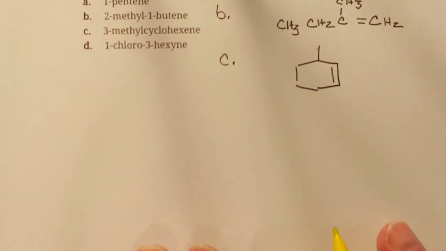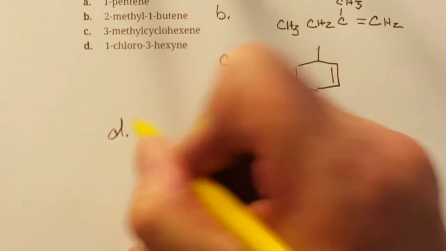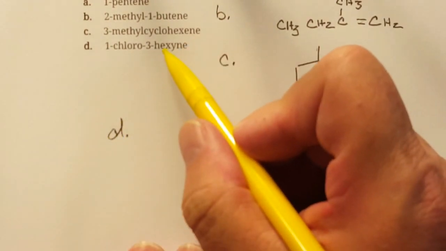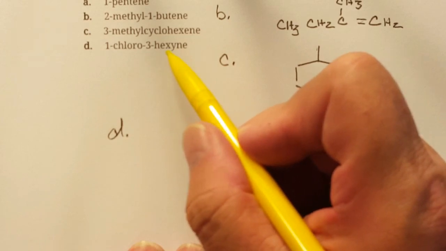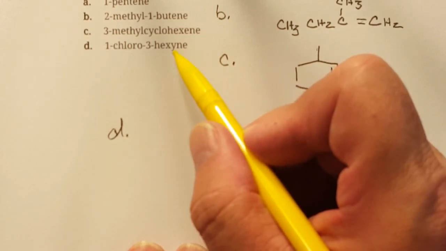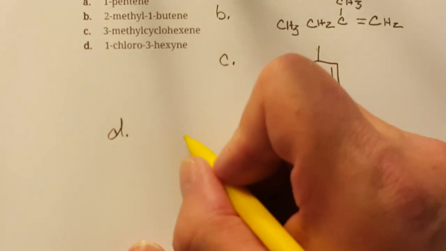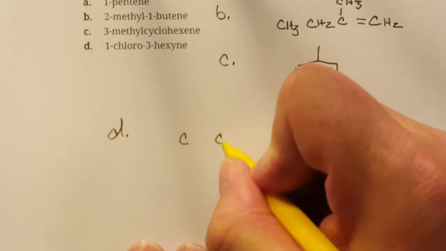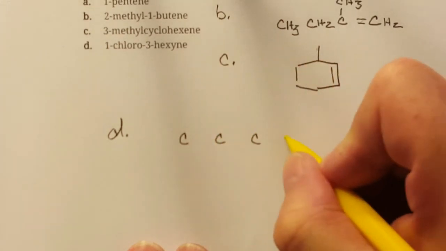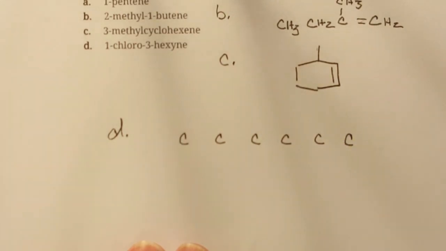Let's do D. D is a hexyne, the parent compound. It's not cyclic, so it's 6 carbons with a triple bond in it. So let's draw the 6 carbons. 1, 2, 3, 4, 5, 6.